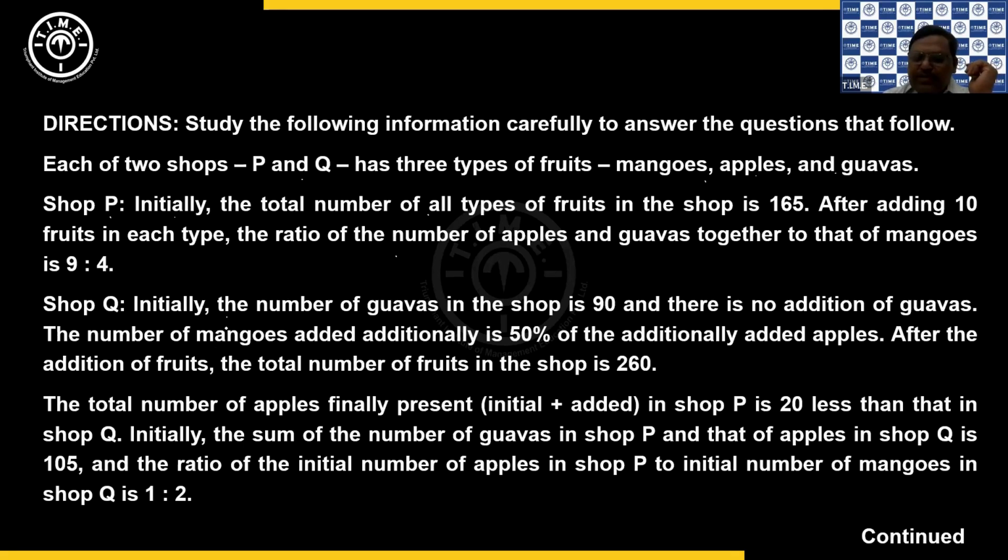So we'll try to put it in a small table, P and Q. What are the things here we have? Apples, guavas and mangoes. In P, first it is P and then Q. Students, apples, guavas and mangoes.